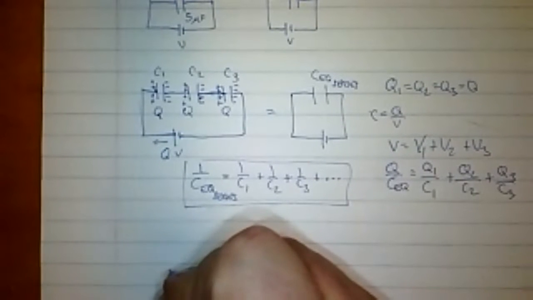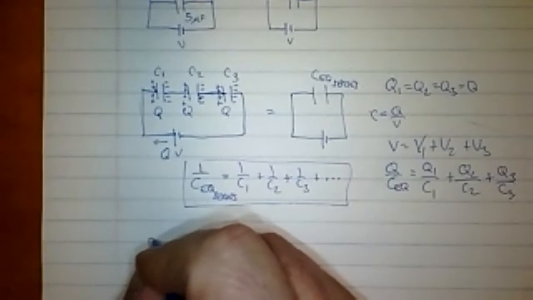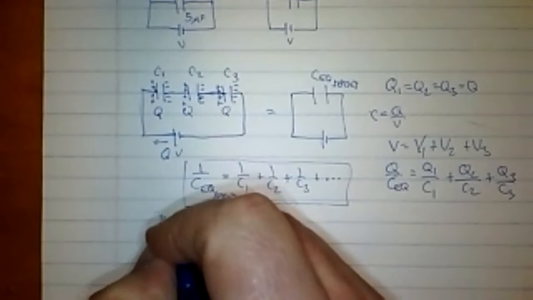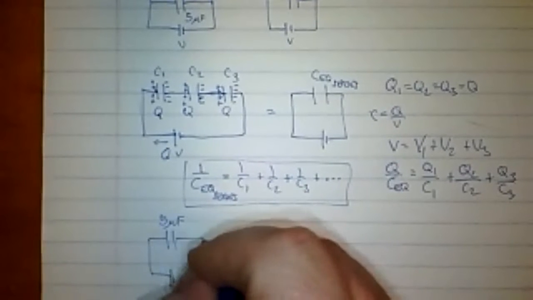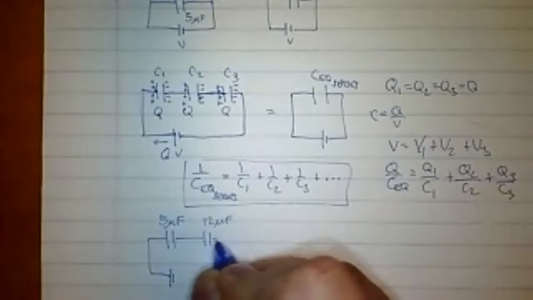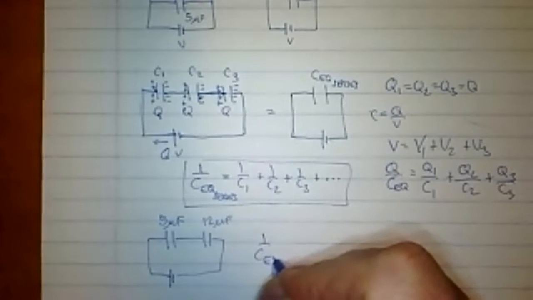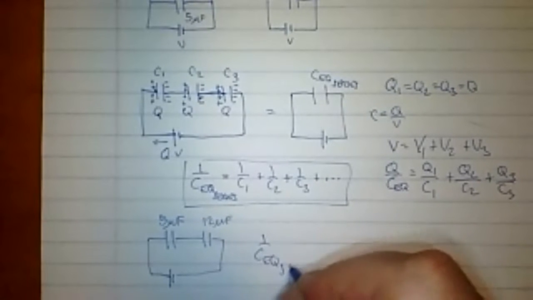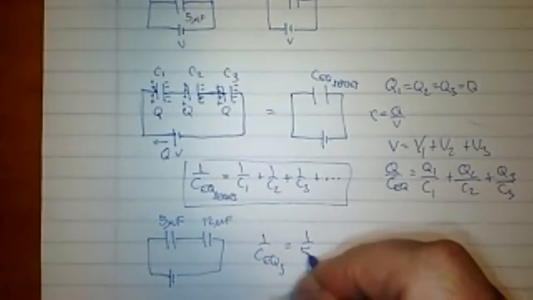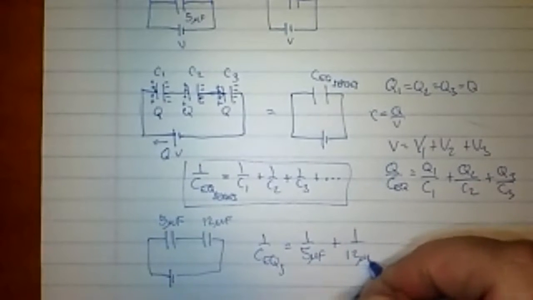So for instance, let's say I had this battery again, and now I say I have my 5 microfarad capacitor in series with my 12 microfarad capacitor. And then back over here, well, this means 1 over C equivalent series is equal to 1 over 5 microfarads plus 1 over 12 microfarads.